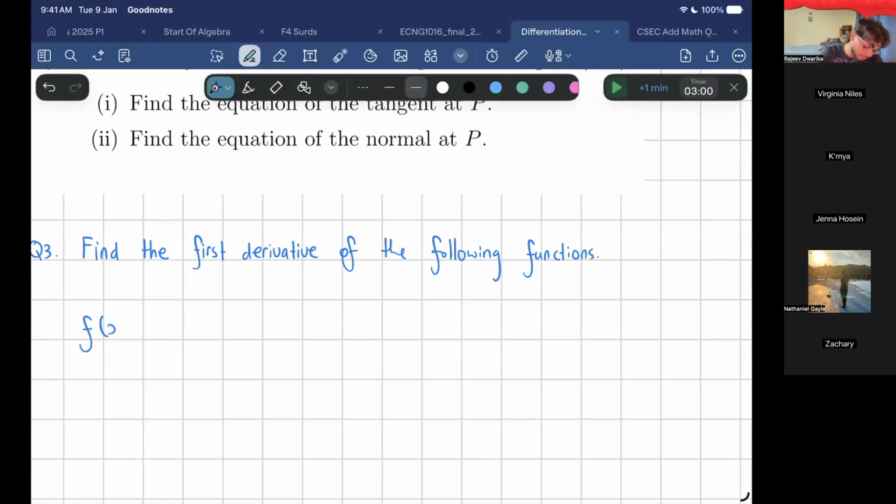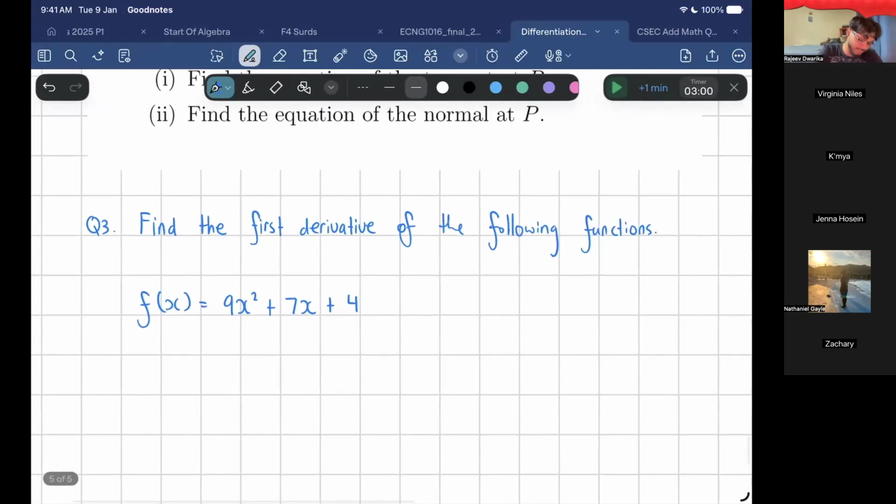So let me just say you have f of x is equal to 9x squared plus. That's not an e, that's a 9. Right? So this is e. y is equal to minus 3x squared plus 2 over x.